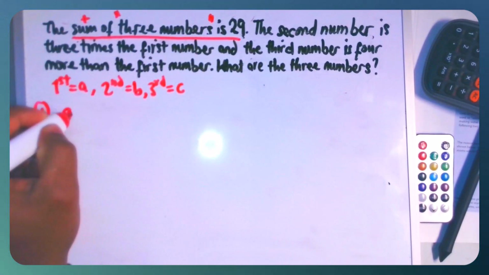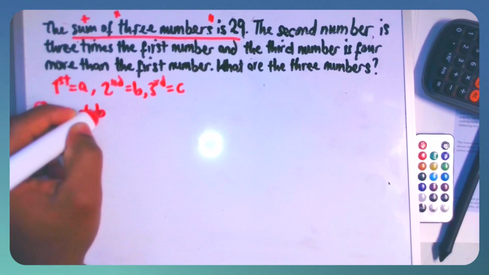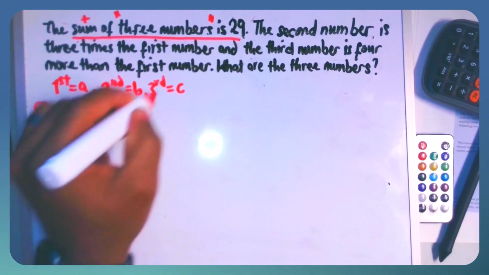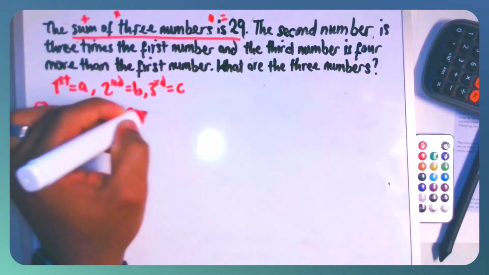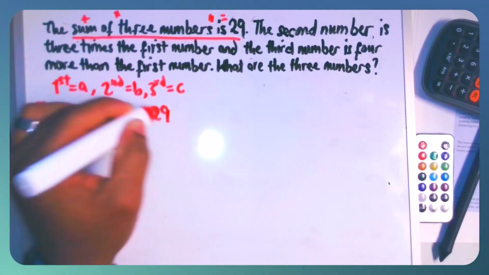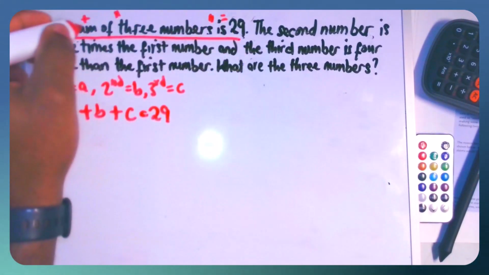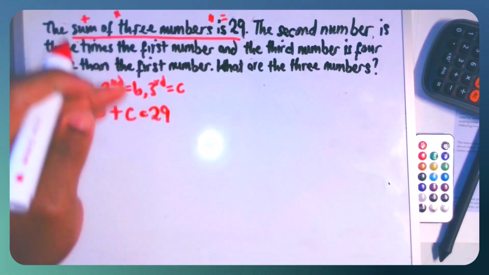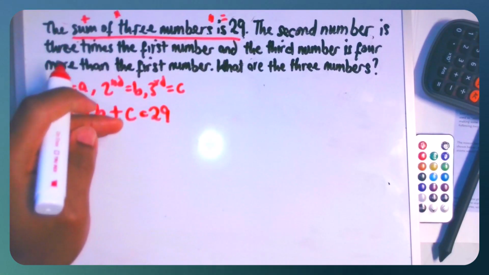In this case the variable A plus variable B plus variable C is equal to 29. So we're done with this particular sentence being transformed into an algebraic equation.